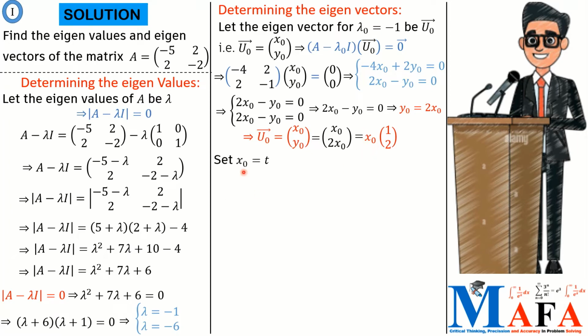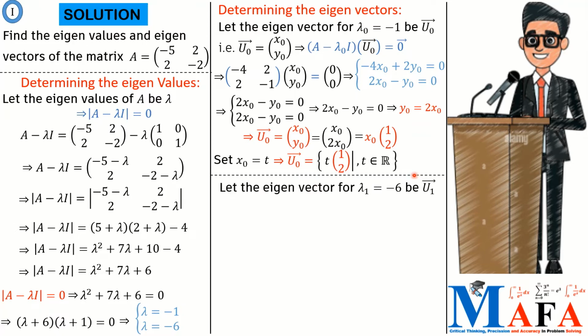So for simplicity, I'm going to let x0 be equal to t, where t is a real number, and from there I get my u0 vector to be the set of vectors t times the column 1, 2, where t is a real number. So when t is 1, I have the first, when t is 2, the next. So there are an infinite number of eigenvectors associated with lambda equal to -1. So the eigenvector associated with lambda equal to -1 is the span of all these vectors.